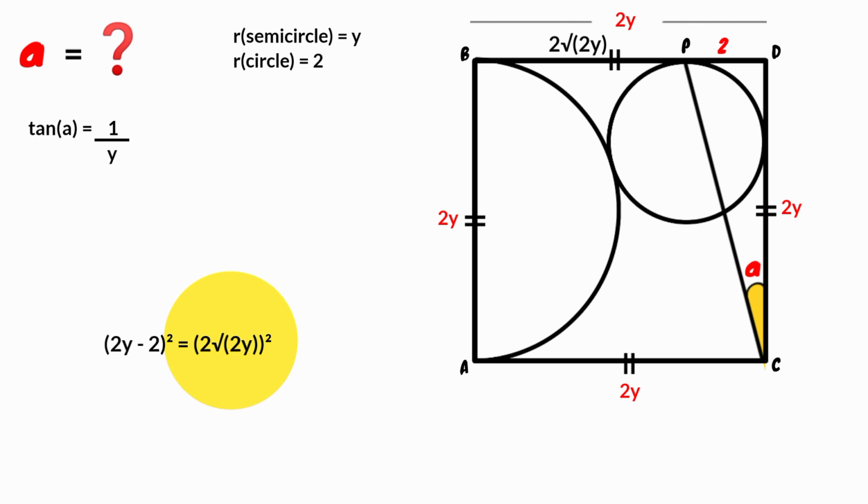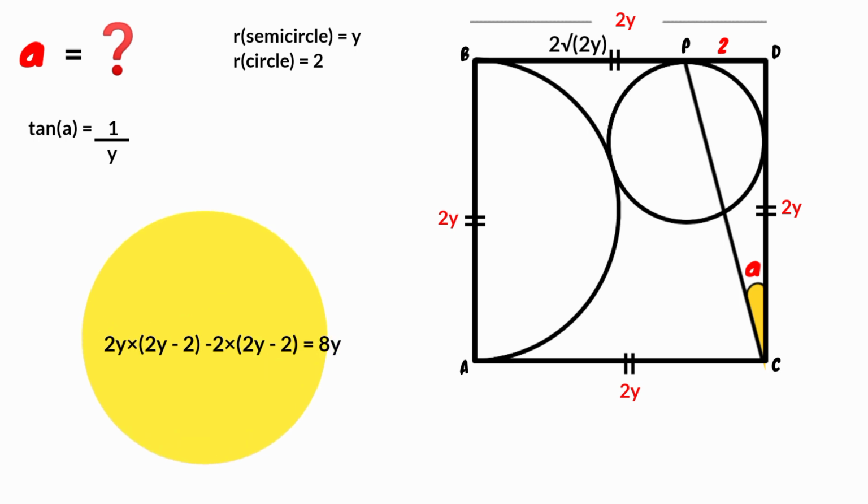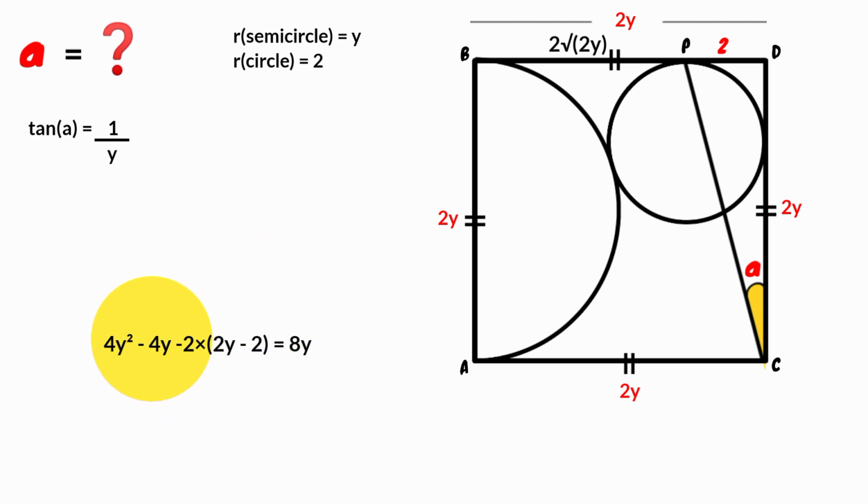Here 2 root 2y all squared is 4 times 2y, which is 8y. 2y minus 2 all squared is 2y minus 2 times 2y minus 2, which is 2y times 2y minus 2 minus 2 times 2y minus 2. 2y times 2y minus 2 is 4y squared minus 4y. Minus 2 times 2y minus 2 is minus 4y plus 4. Minus 4y minus 4y is minus 8y.